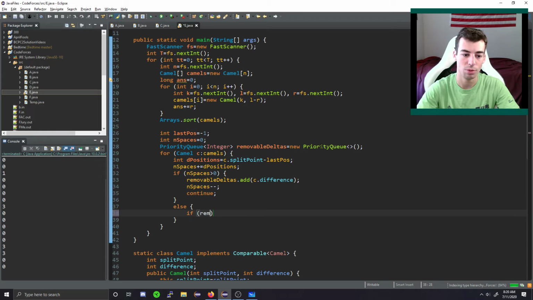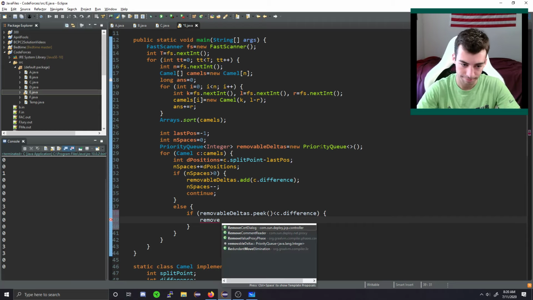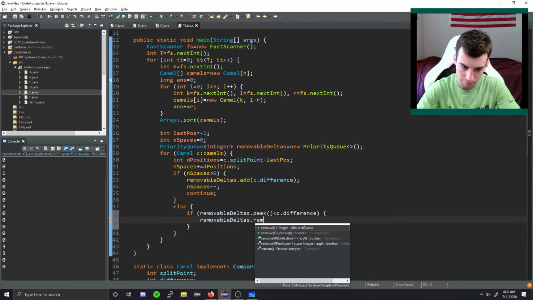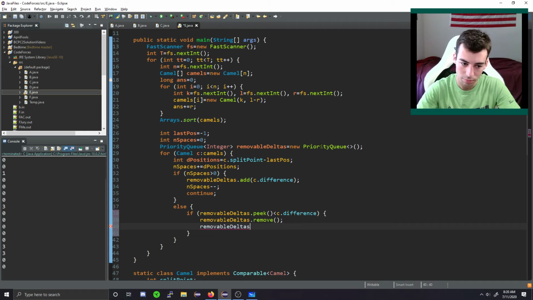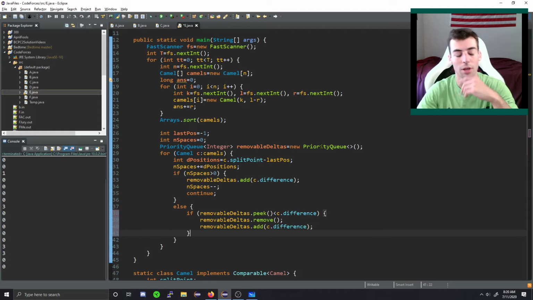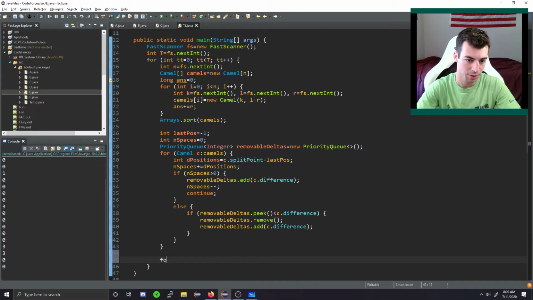So if removable deltas dot peak is less than c dot difference, otherwise we just remove this current camel. For int I and removable deltas, then ans plus equals I.